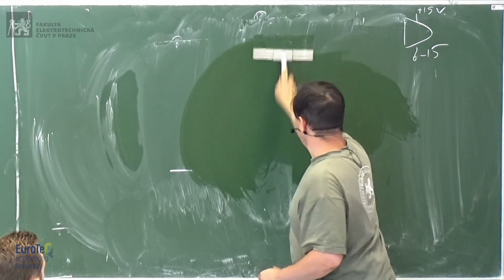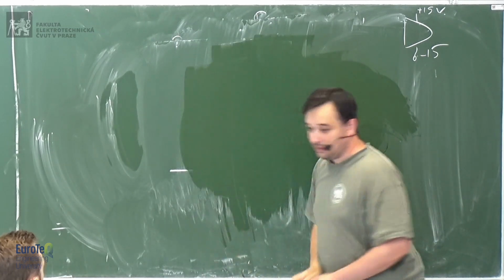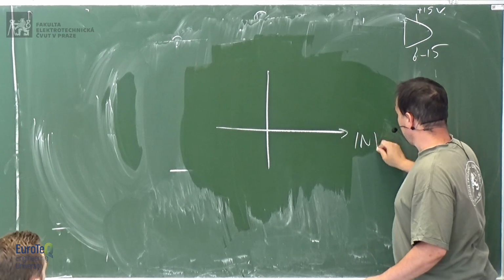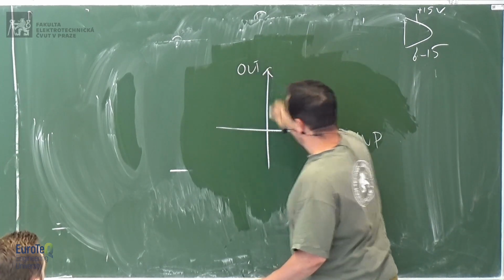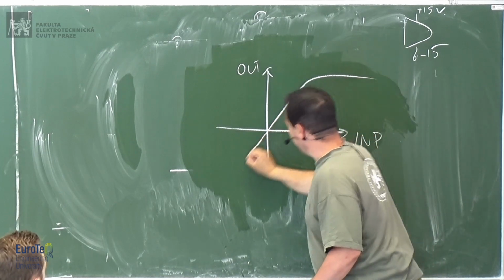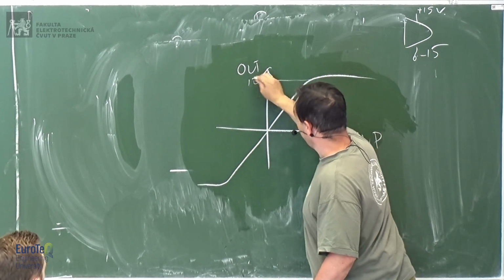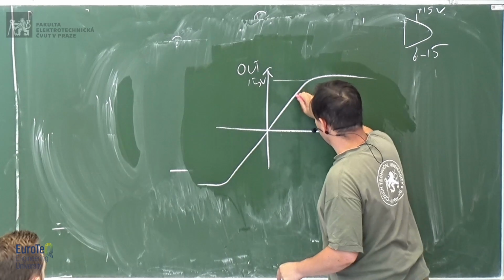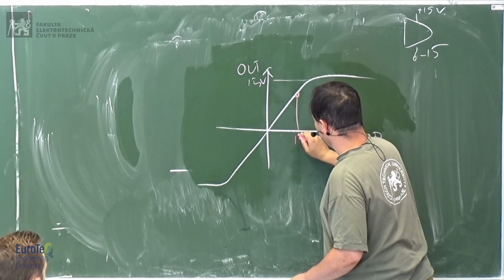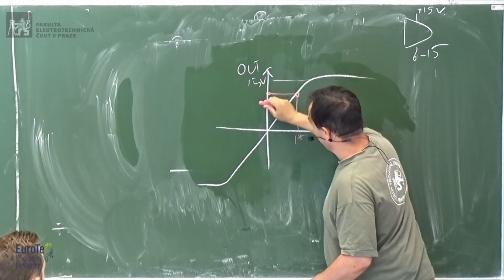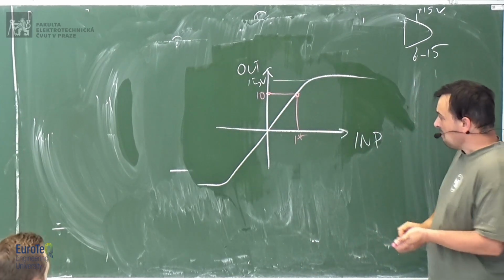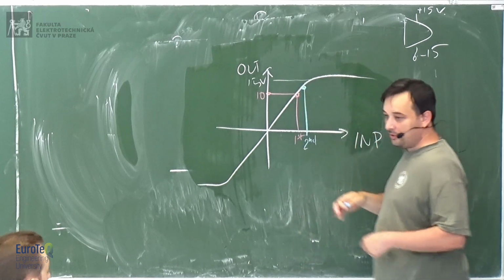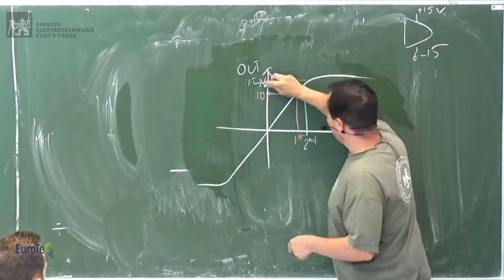But what happens if the inputs are larger? Again we have the same input-output characteristic, and again it saturates, say, at 15 volts. Now the first input will cause an output of 10 volts. For the second, you shut down the first, and it will cause 12 volts.